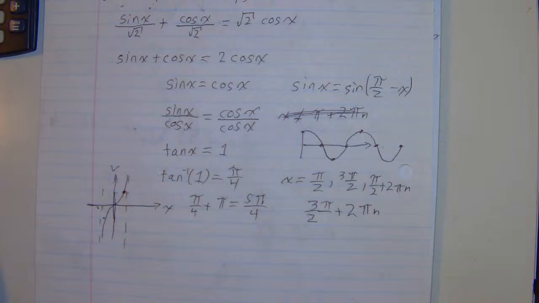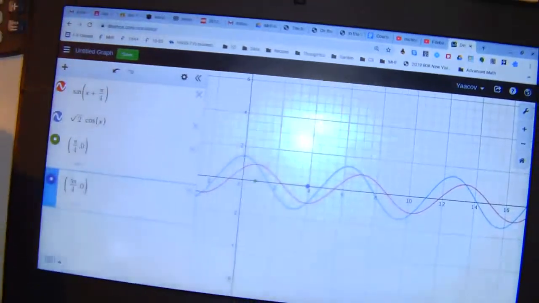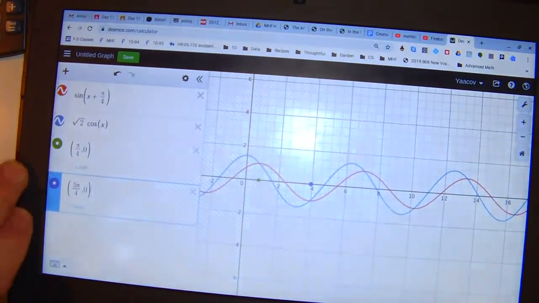Okay, so I'm just putting both points in here. 5 pi by 4. Okay. So hopefully this will be okay.